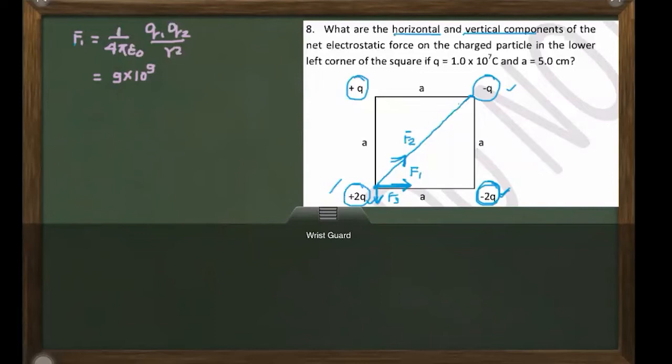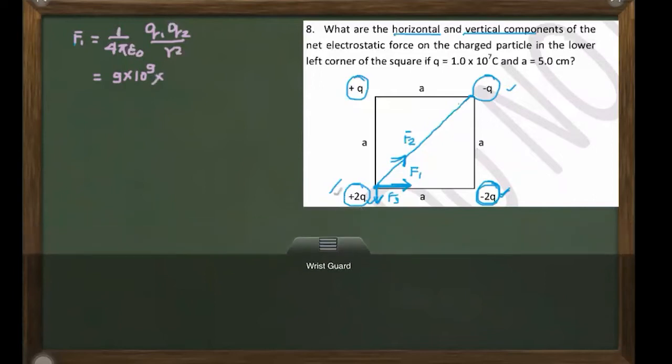This was discussed earlier. Now, Q1 is what? This one can be taken as Q1, this one as Q2, and hence it will be 2Q into 2Q divided by distance square, and the distance is 5 centimeter.